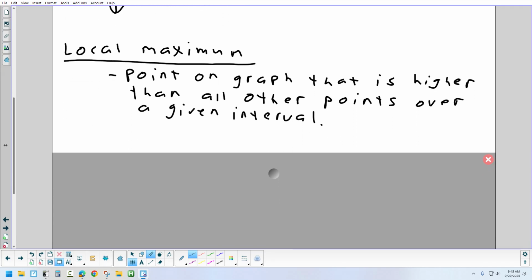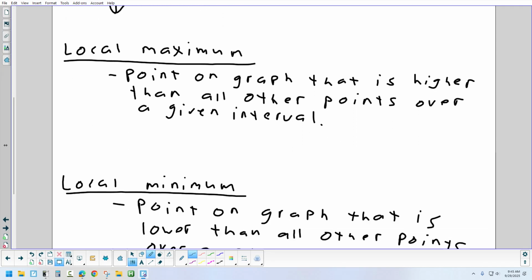So I kind of already said that. Local maximum is a point that is higher than all other points. That's kind of a simpler way to say it. Talking about the slope changing, that's a much more calculus-oriented way to say it. Do you really want to think about that slope changing and hitting 0 when you have a local minimum or maximum?